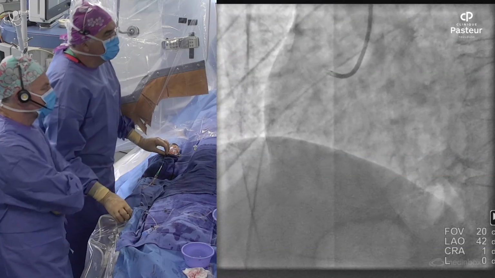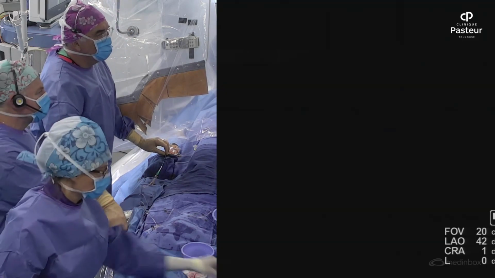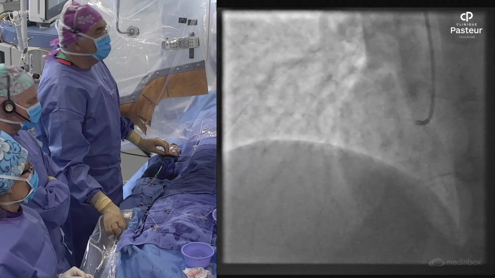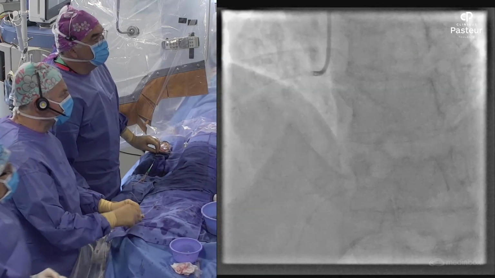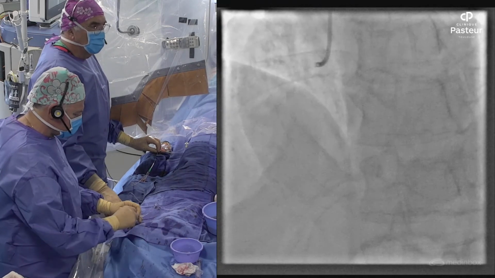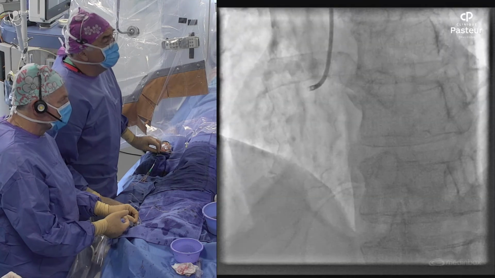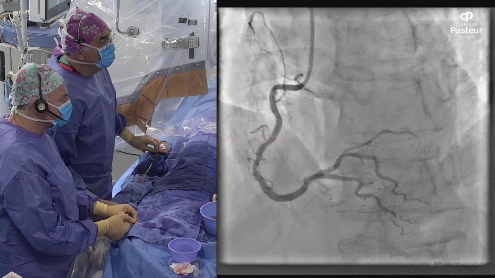There is something here. For me, I think it's not critical. We will take the LAO a little bit cranial. It's a large dominant vessel, so if it was critical, we would have a larger ischemic zone.